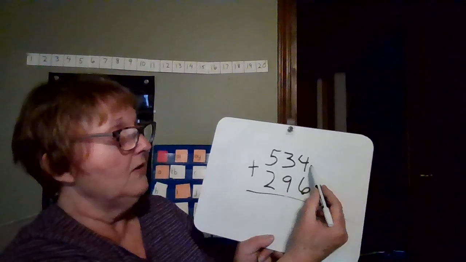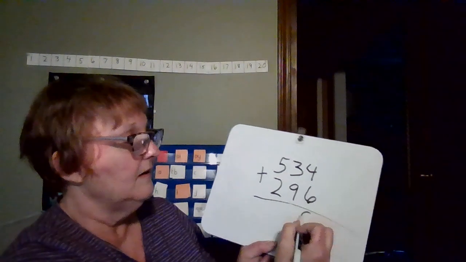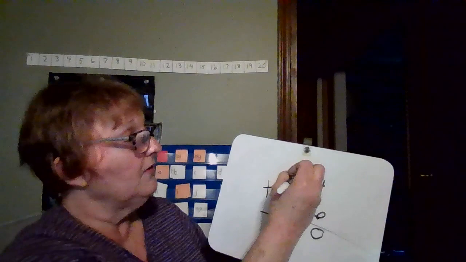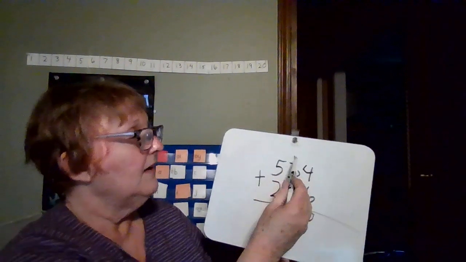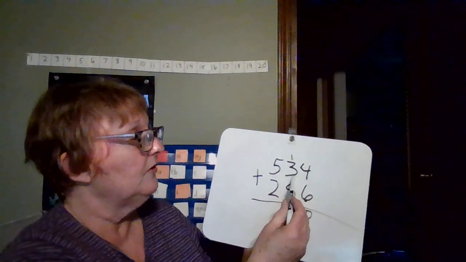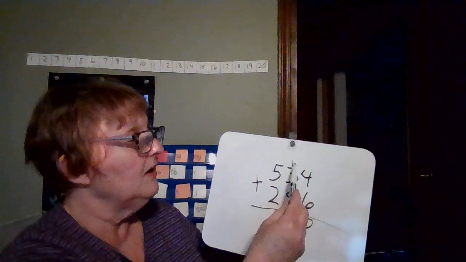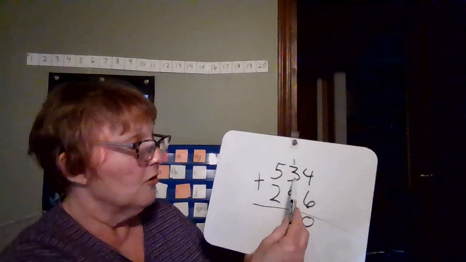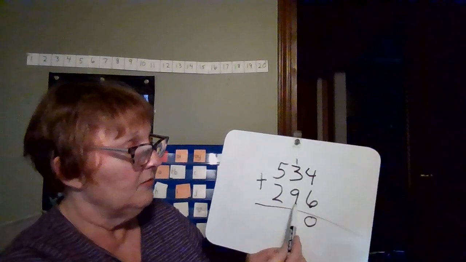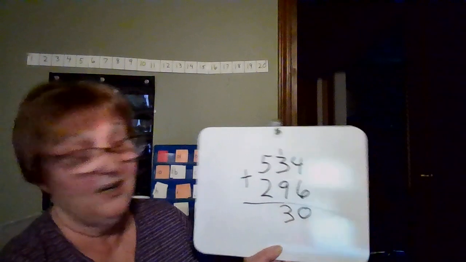So we're going to start with what? The ones. 4 ones and 6 ones. Well, that's 10. So now I don't have any ones because I had to move it over to the tens. Now I have 10 and 30, but we can just say 1 plus 3 because we're talking about one group of 10 plus 3 groups of 10 is 4 groups of 10. 4 groups of 10 plus 9 groups of 10 is 13 groups of 10, or 130.